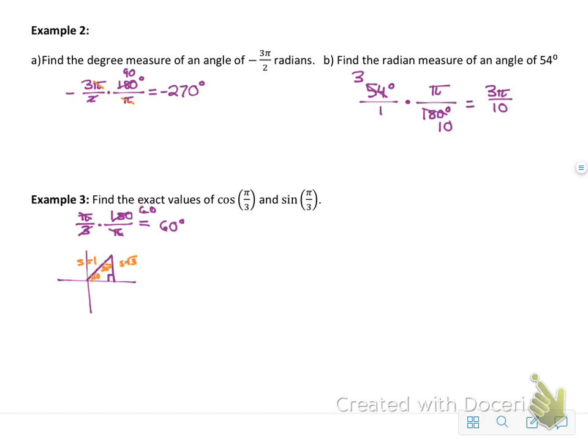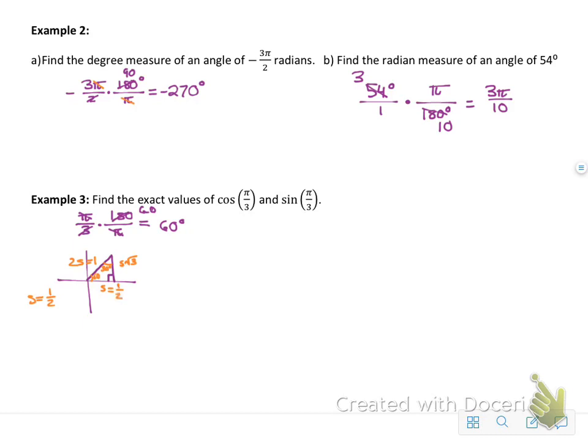And this is 2s. So if 2s equals 1, then s equals 1/2. So this is just 1/2.